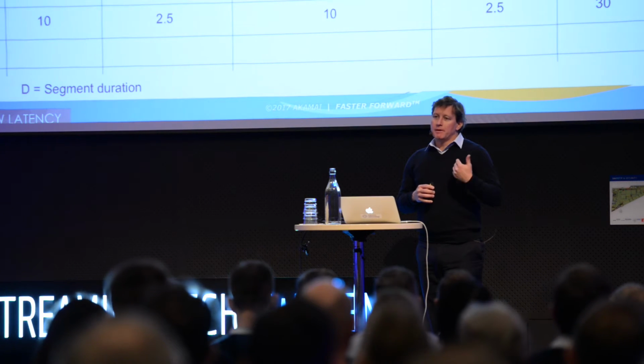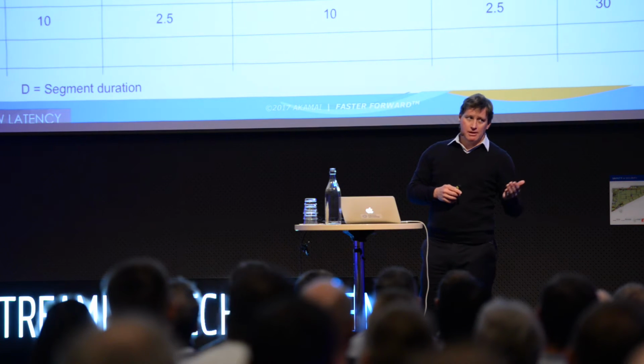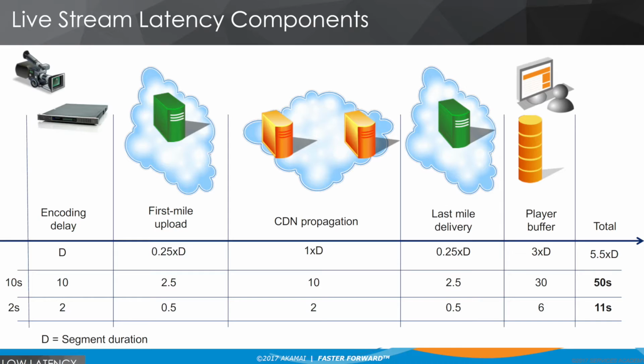Now, Apple have since revised that guideline, by the way, to take it down to 6 seconds. That was about 1.5 years ago. But even then, if we drop the segment duration to 2 seconds, there's a linear reduction. Our overall latency can come right down to 11 seconds without changing any other part of this distribution chain.